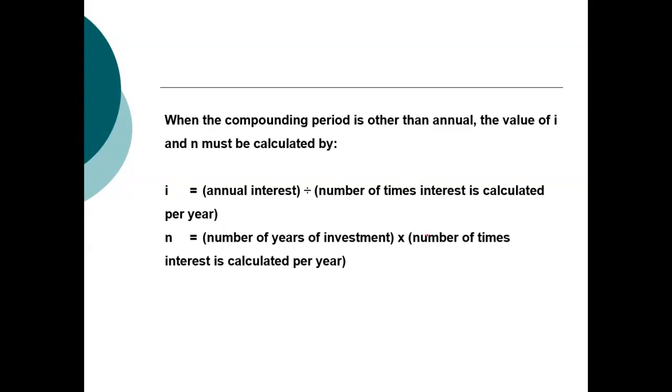If it's daily, 365, that kind of thing. And for N, you're always taking the number of years of your investment times the number of compounding periods per year, and we'll look at lots of examples of this. And if you're finding I, you take your interest and divide by the number of times the interest is calculated per year.